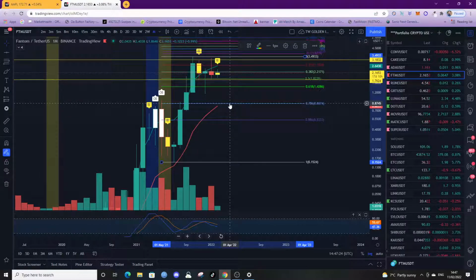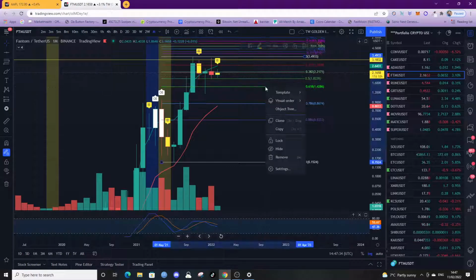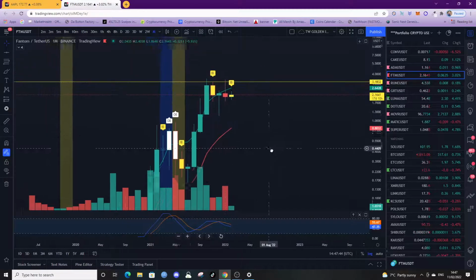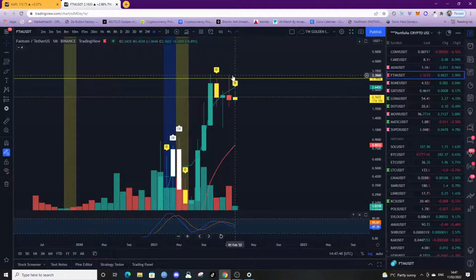Now, I don't want to go too much into the Fibs, but you could see on the break of this previous inside bar that we blew straight down. Then we came up, we broke the high of that inside bar straight afterwards. But the price reversed straight away.